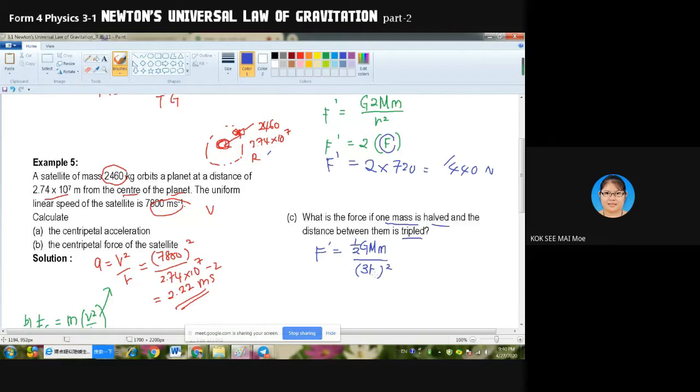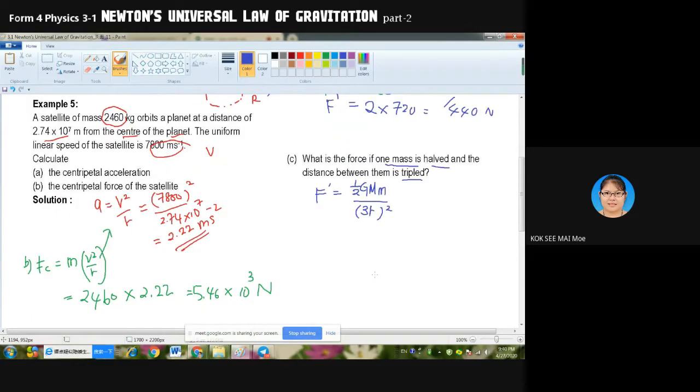Okay, so from here, I want to take out my normal gravitational force. So F prime, I take out all the things first. 1 over 2, I take out. Over, 3 squared is a 9. Then bracket G M and then R squared. Okay, then this one 1 over 18.